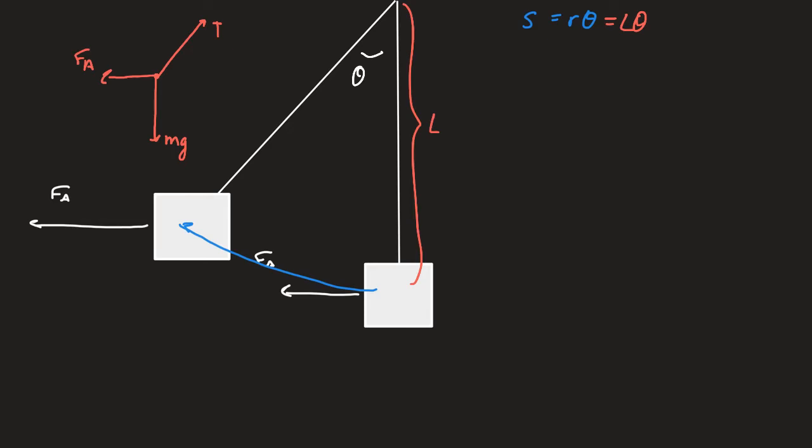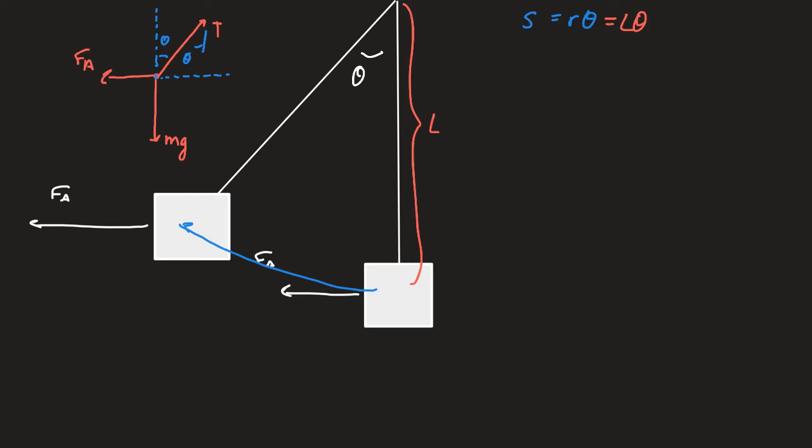So I want to start by applying a coordinate system to this, but it's going to be an unusual coordinate system. I'm going to get FA in terms of mg, but I'm trying to get everything also in terms of theta. Now, I could line this up with the cable, and there is an advantage to doing it that way, but I lose something in the future if I do.